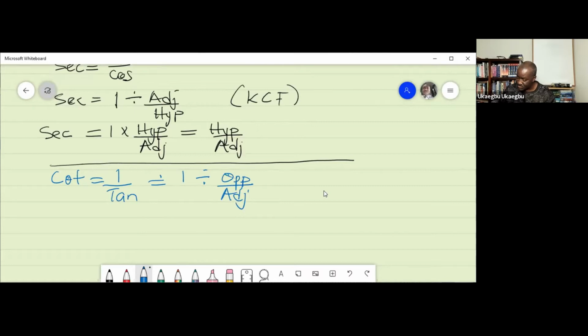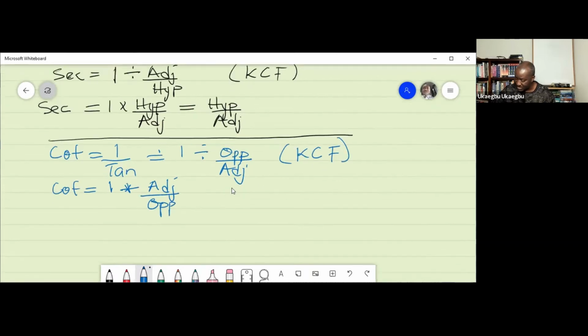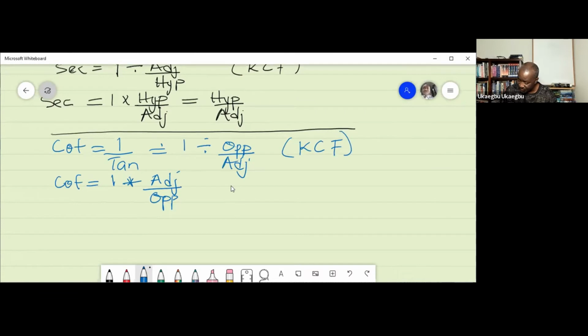If you use keep, change, flip, you keep 1, change the sign from division to multiplication, and flip, so you have adjacent over opposite. 1 multiplied by any number is the same number. So that is how cot theta is the adjacent side divided by the opposite side. That's how the formula came about.